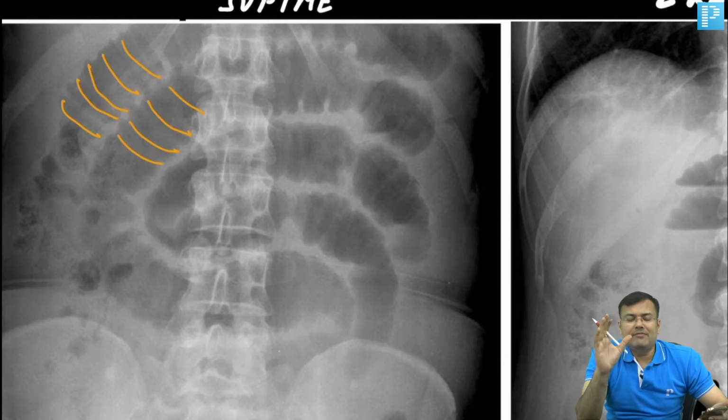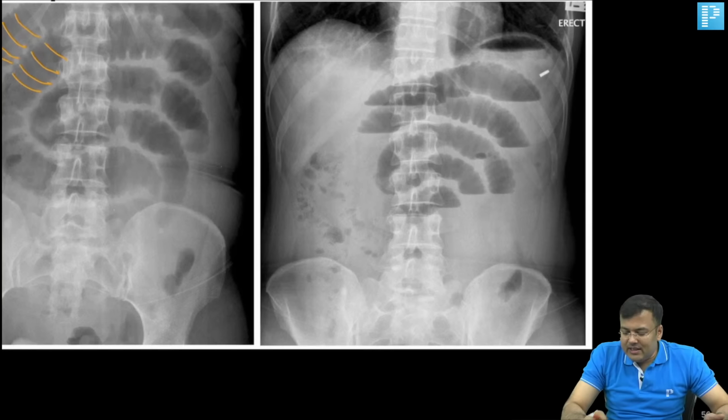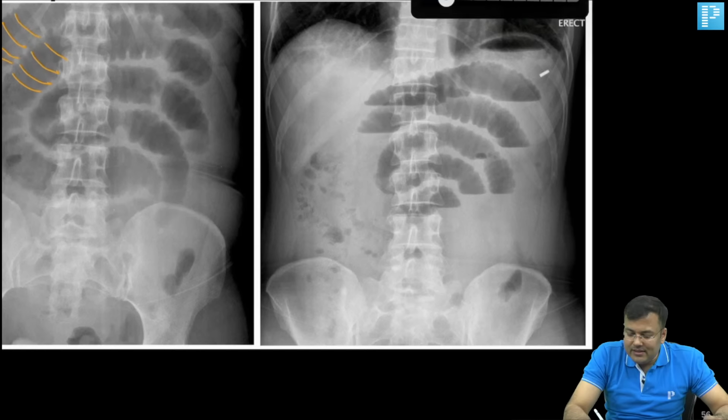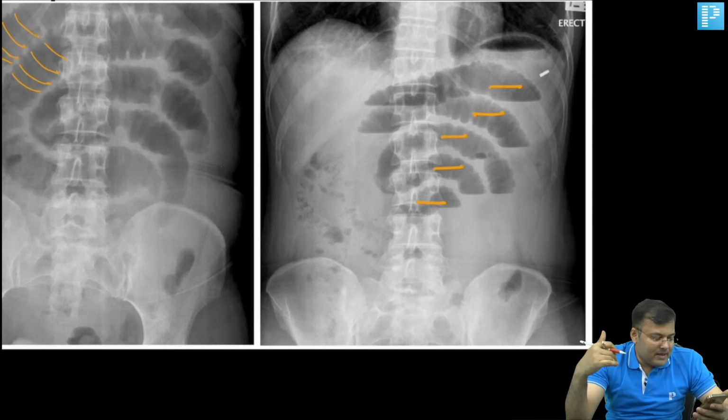If the jejunum is visible, it means where is the obstruction? In the ileum. So, the patient is having small bowel obstruction, and on this erect view you can see this pattern. Guys, can you tell me what this pattern is? This kind of pattern is there. What is this pattern? Tell me. Yes, step ladder pattern. Very good.